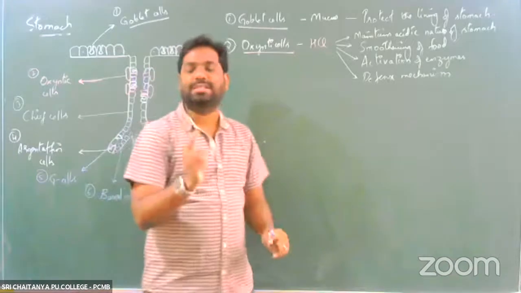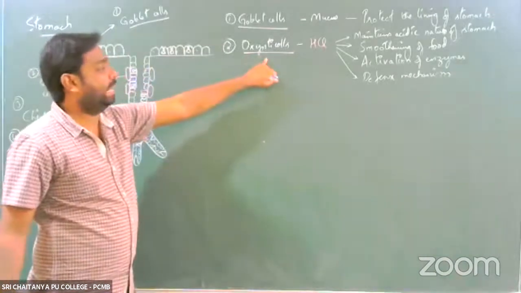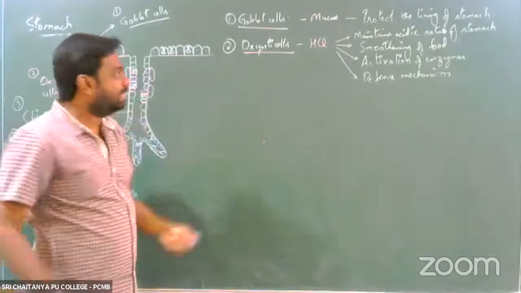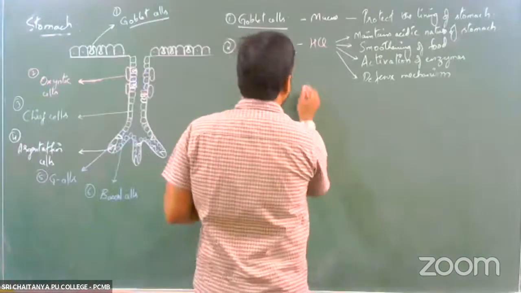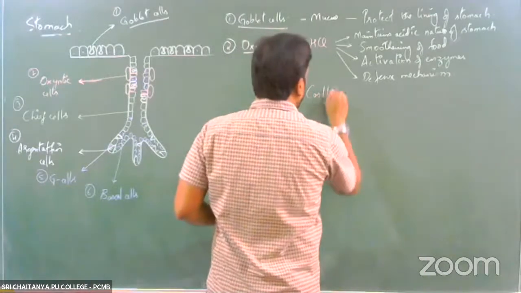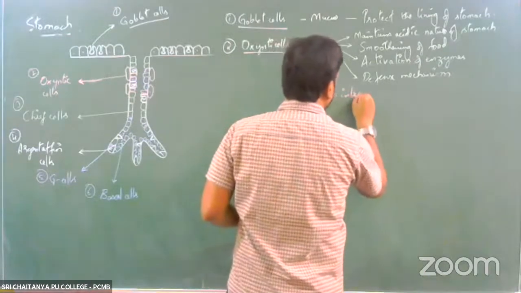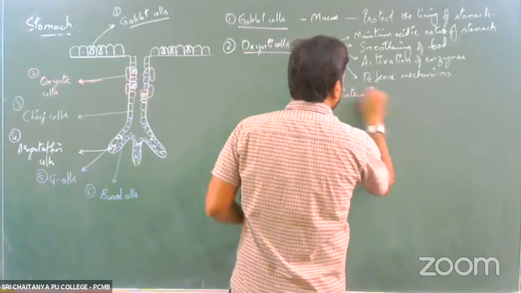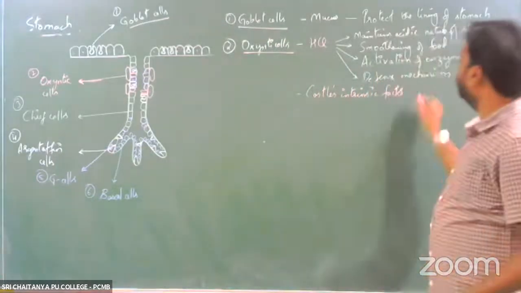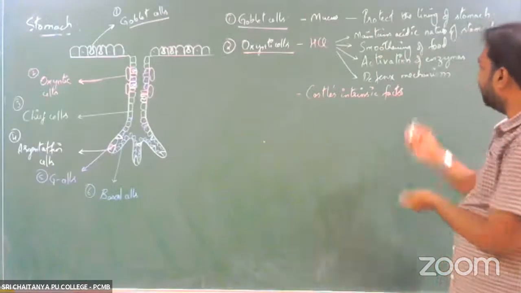And remember, HCl is secreted by the second type of cell on the list, which is called the oxyntic cell. The second substance secreted by the oxyntic cell is called Castle's intrinsic factor. What is the role of Castle's intrinsic factor?